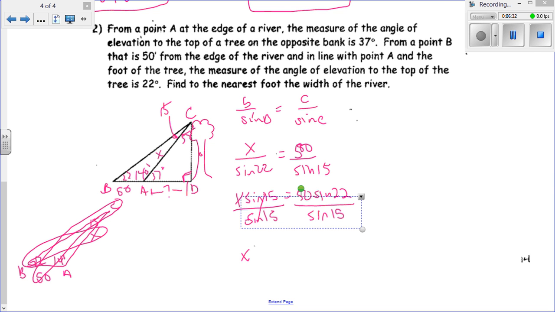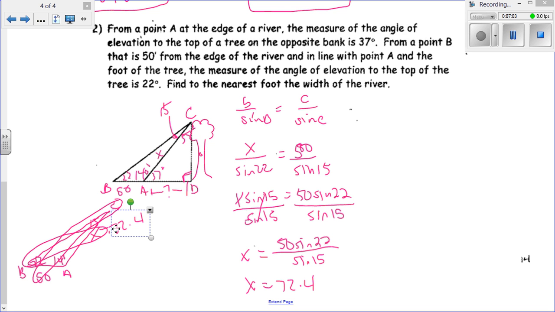So X is equal to 50 times the sine of 22 divided by the sine of 15. When I put that into the calculator, I'll do 50 sine 22 equals divided by sine of 15 equals. And when I do that, I get X is equal to 72.4. Alright, so the side that they share is 72.4.